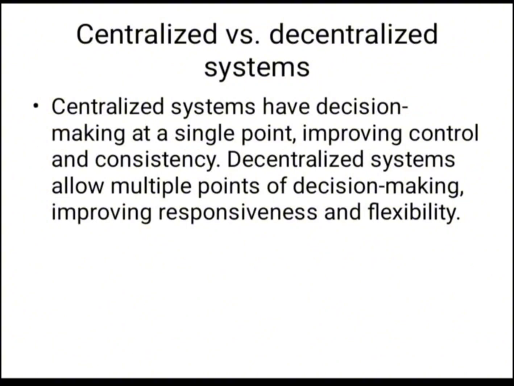In other words, a centralized system is where the decisions are made by one central authority or leader. This makes processes more controlled and consistent because everything follows the same rules from one main source.